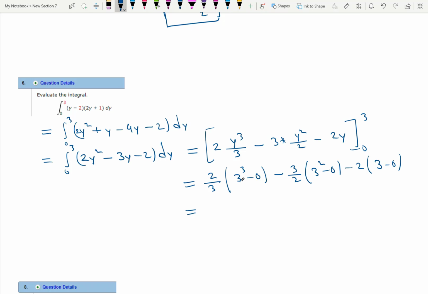So 27, it becomes 9, 18 minus 27 over 2 minus 6, and it becomes 12 minus 27 over 2, which is negative 3 over 2. So this is the answer.